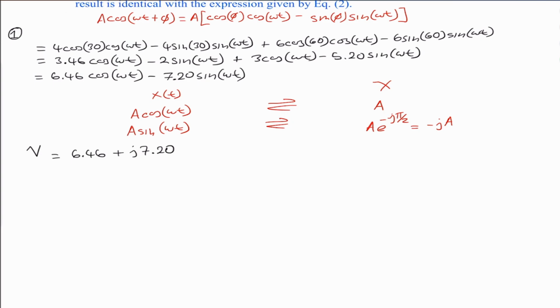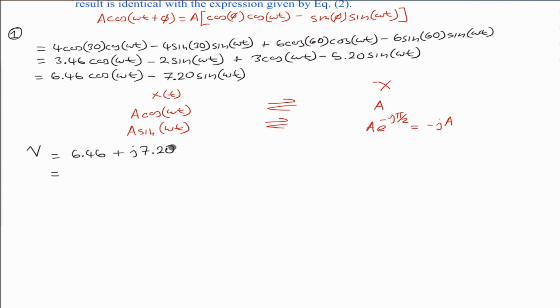Now that it's in the phasor domain, we need to transfer it back to the time domain. It's in rectangular form, so we can go to polar form and then to the time domain using our complex algebra properties. First we convert to polar form by taking the magnitude, the positive square root of 6.46 squared plus 7.20 squared.